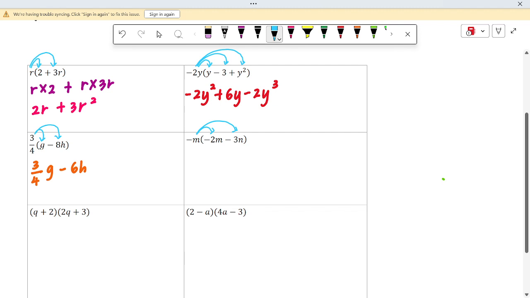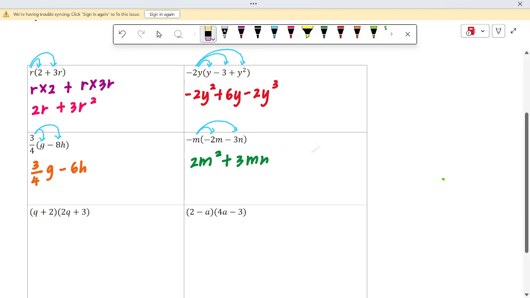So be careful with your negative and positive. First one, negative m times negative 2m will give you positive 2m squared. And next one, negative m times negative 3n will give you positive 3mn. Remember, you write 3mn or 3nm is the same thing. They are both the same thing, doesn't matter the arrangement of letters.